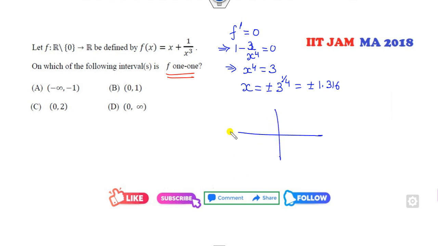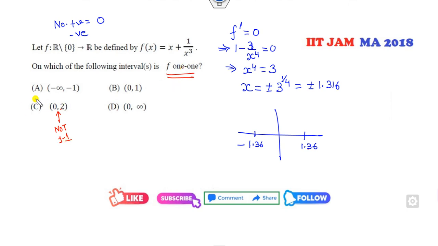Now can you find the number of positive roots? There is no change in sign. What about negative roots? It's negative, it's negative. Again, there is no change in sign. So it's plus 1.36 and minus 1.36. What is f of 0? 0 is not defined. Now, minus 1.36 lies in this domain, so this function is not 1 1.